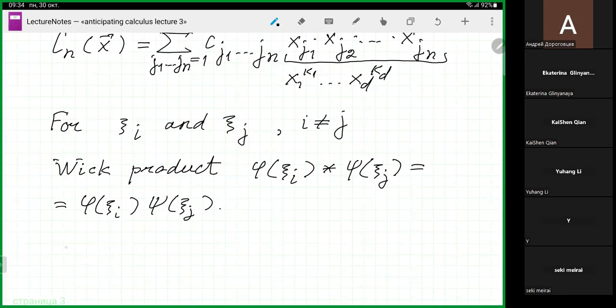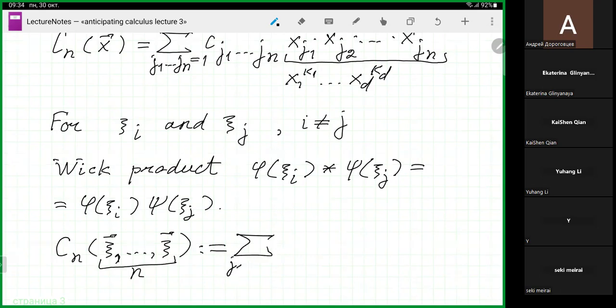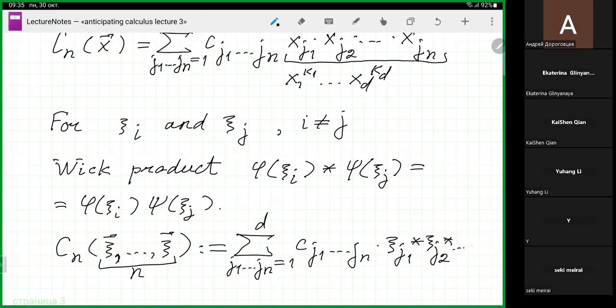Then I will introduce the notation Cn(psi1, ..., psi), here is n times. This by definition is the sum over j1, ..., jn equal 1 to d, c_{j1...jn} multiplied by the weak product of psi_{j1}, psi_{j2}, and so on, psi_{jn}.